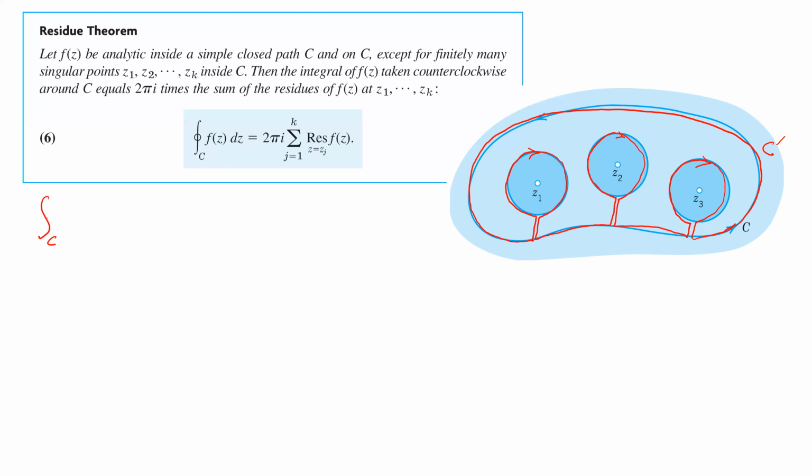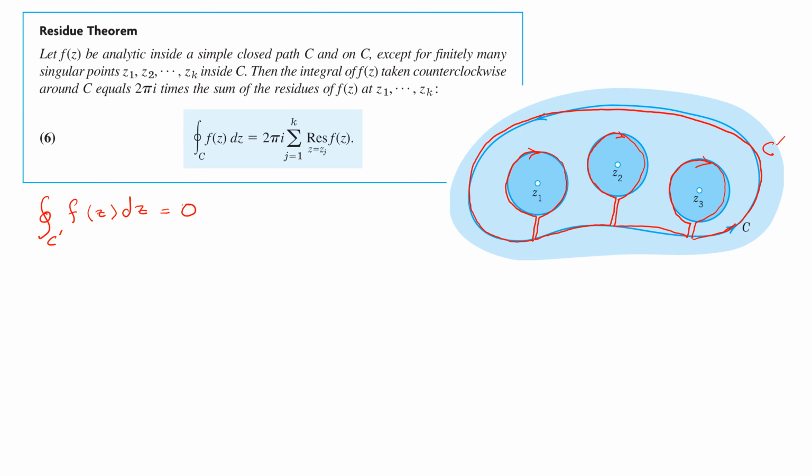The integral over C prime, this closed path, of f of z dz is what? What do you think it is? There's no singularities inside the path, right? Yeah, it is 0 because the function f of z is analytic everywhere inside that closed path C prime and on the C prime. Okay, so this is 0.